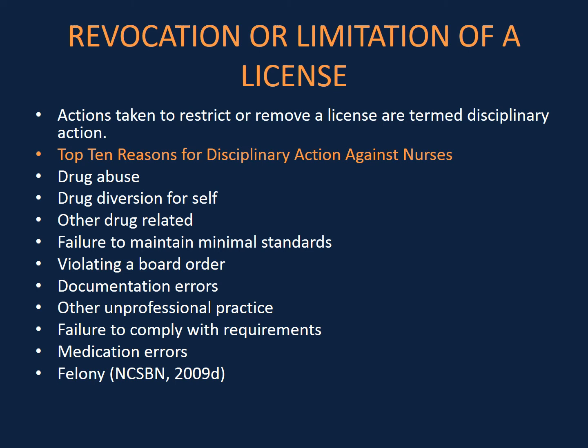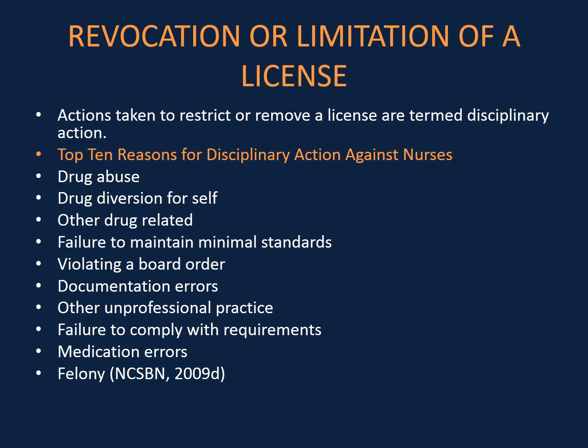Now, there are actions taken to restrict or remove the license, and those actions are termed disciplinary actions. So, what are those actions that restrict or remove the license? We have 10 reasons for disciplinary action against any nurse, where we might restrict or remove his license.